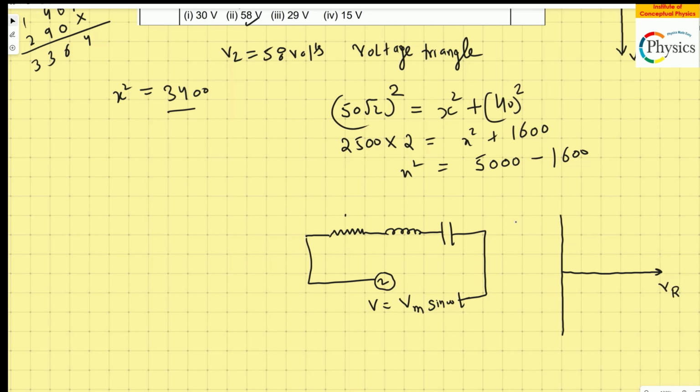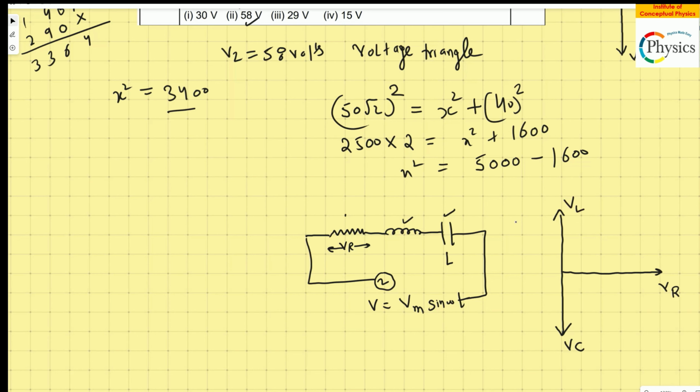The voltage across the resistance is always on the x-axis. These two voltages are drawn like this. The one for the capacitor is drawn on the bottom side, and the one for the inductor is drawn on the upper side.